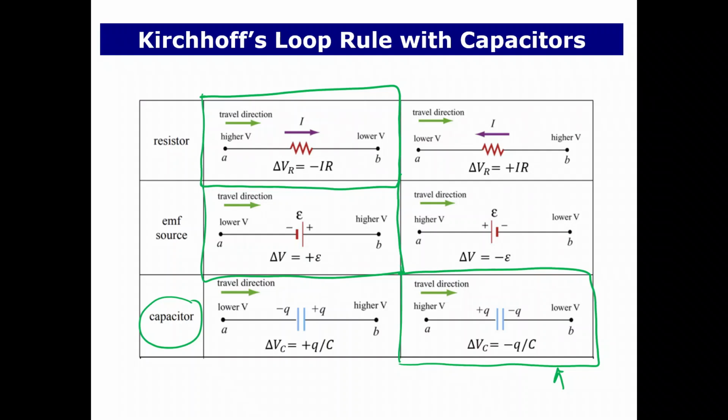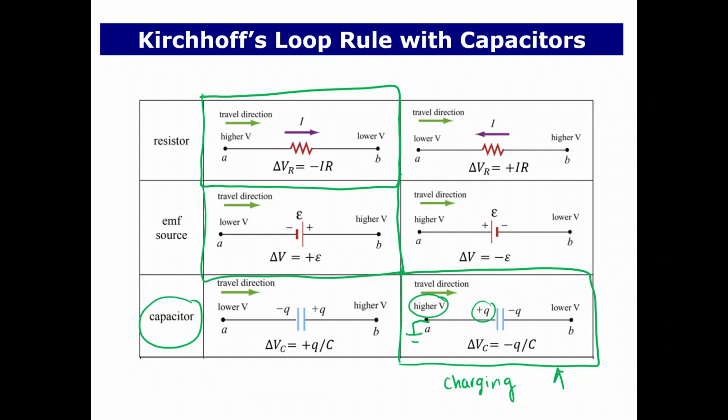When you have your capacitor and you think about current flowing while we are charging, you're going to have some power supply over here that is at a higher potential, and that's going to cause a positive Q to start developing on the side of the capacitor closest to it.